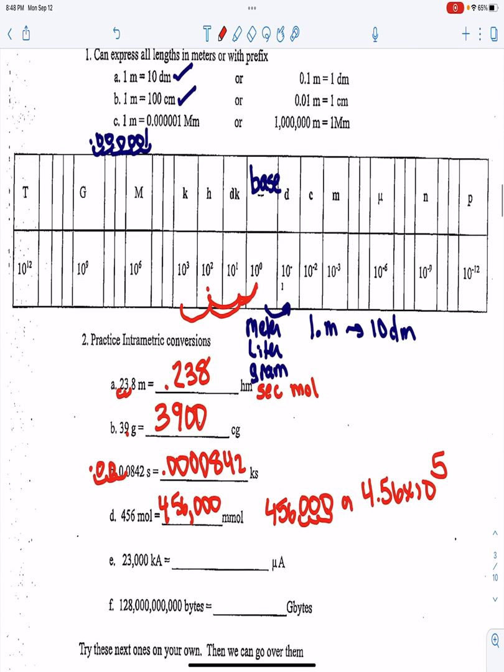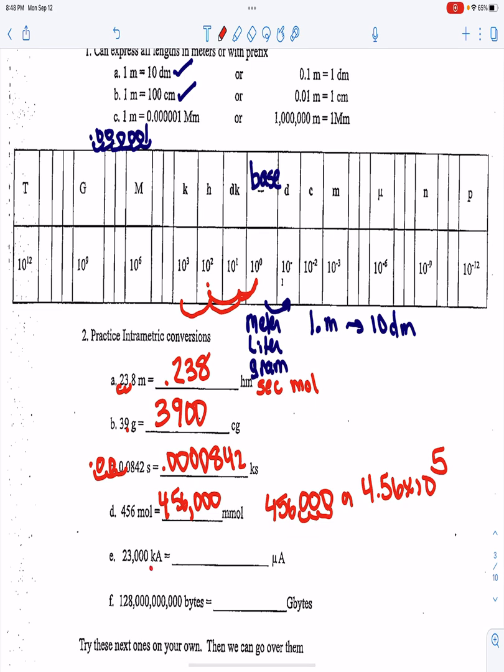So let's look at another one. K stands for kilo. A is an amp. Okay. And that's a microamp. So we use amps in electricity. So I'm going to put my decimal behind the 0 in front of the K. And I'm going to go from a kilo, starting here, and I'm going to move to a micro.